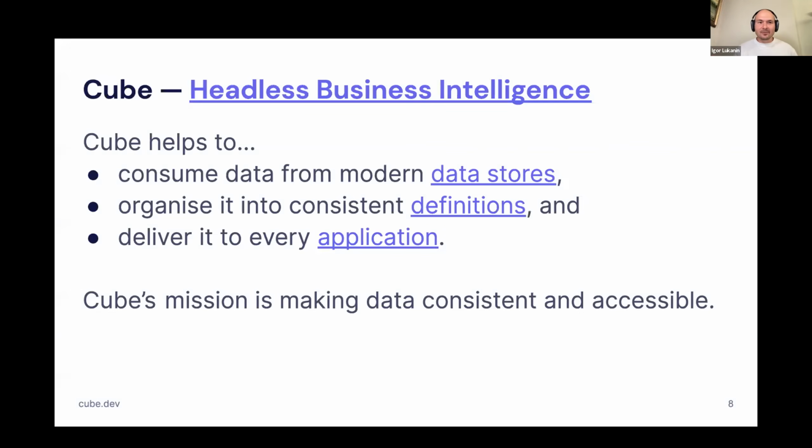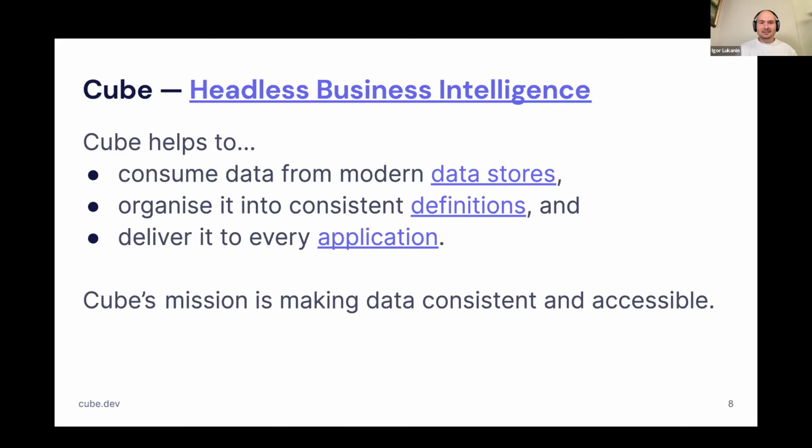So let's talk about Cube. I come from the Cube team, right? And our mission at the Cube team is to make data consistent and accessible. And to achieve that, we are building the tooling for data practitioners, and our product is called Cube, right? And this is a headless BI platform. So you can think of this as a BI solution, which is deliberately visualization agnostic, right?